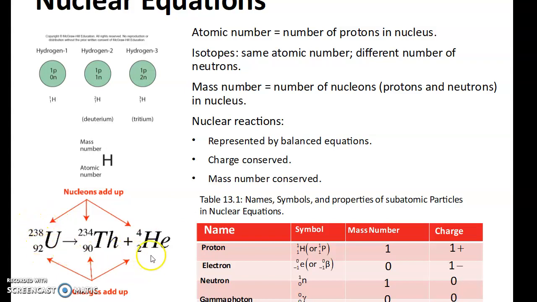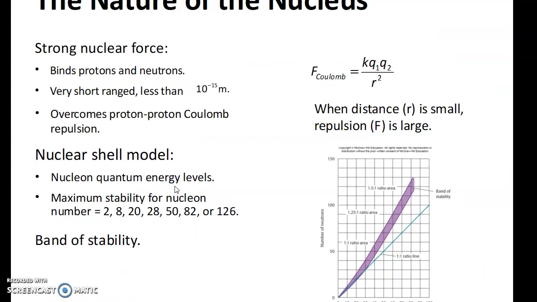The number of nucleons, or the neutrons and protons, adds up above as well. And so during one of these reactions, the mass number is 1, so this is a charge of 1, an electron is 0 mass, so this is -1, a neutron is 1, so this is 0, and a gamma is 0, and this is 1. Okay? So this is the way in which those things work. And I think we're going to stop there and we'll start the next unit with this one.